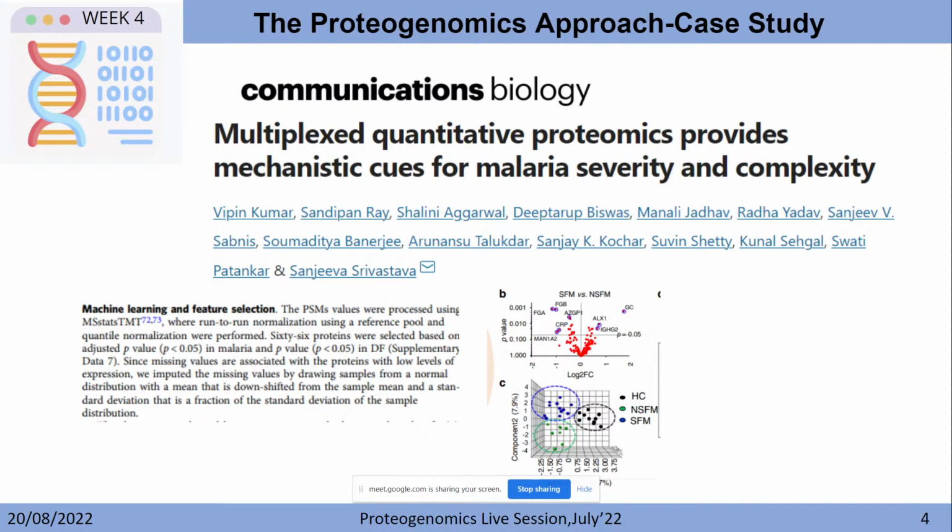But those which are missing not at random, we cannot just throw away, and we have to look at what percentage of samples are showing those data, and then we need to impute those. Then normalization is needed, so that all the samples are on the same scale to identify the differences between the control and the altered state. So these are the steps that have been followed in this study and this paper also.